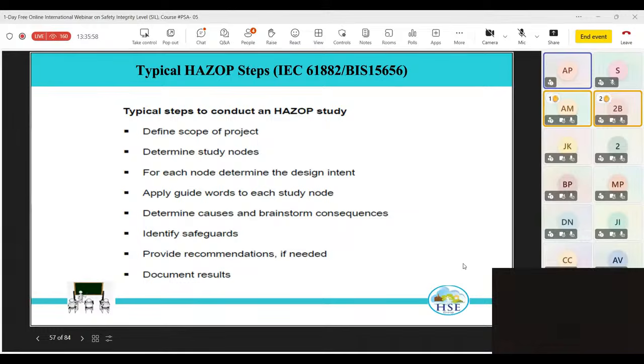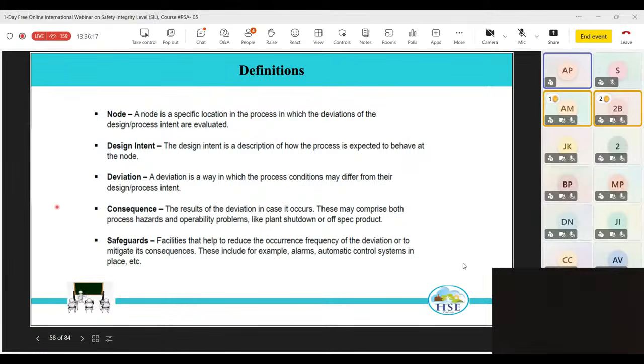And lastly, you need to document the results, like the final HAZOP recommendation report, and all this has to be given to the client. So these are the typical HAZOP steps to be considered during a HAZOP study.